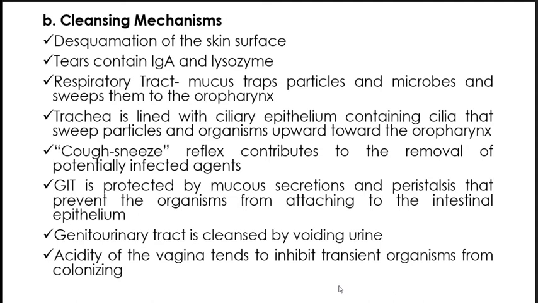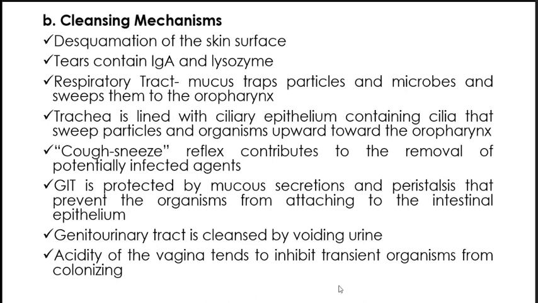Now, another cleansing mechanism is through our tears. Why? Because our tears now, they have the IgA and then these lysozymes. These lysozymes are enzymes that are naturally occurring and they are found in different body secretions. Like for example, nga itong ating tears, present din sila sa saliva, present din sila sa breast milk.